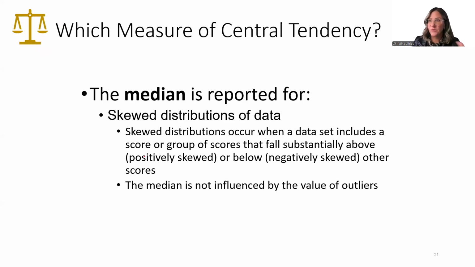Now, if you have skewed distributions, quantitative data that is skewed, you're going to report the median. So if it is skewed pretty dramatically and it's not close to being symmetrical, you would report the median first and foremost. That is the best measure of central tendency. And that's because of outliers.